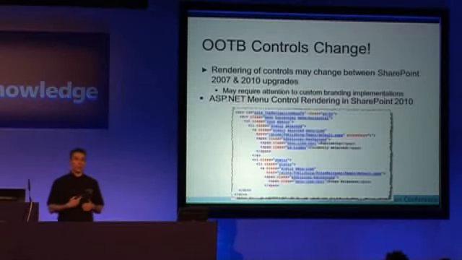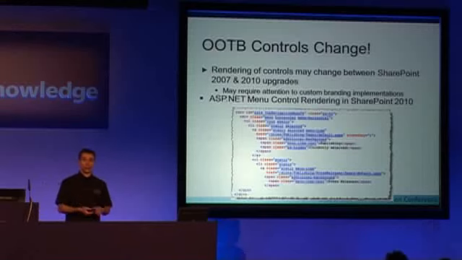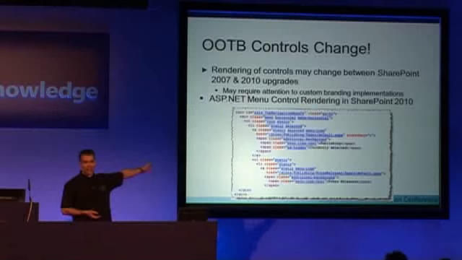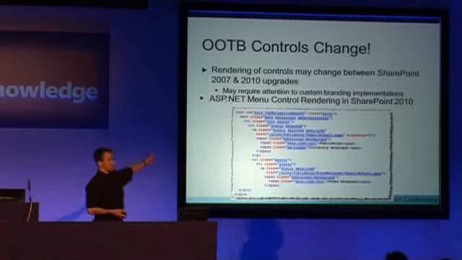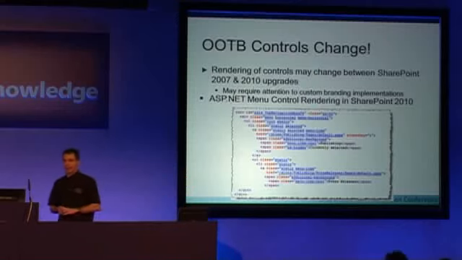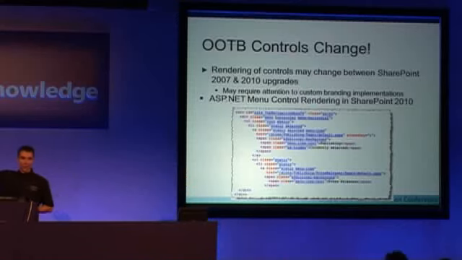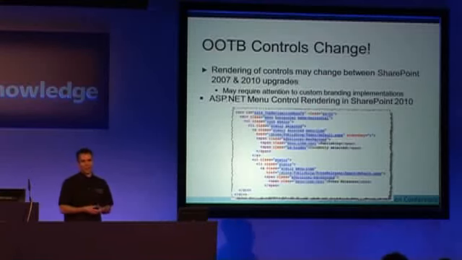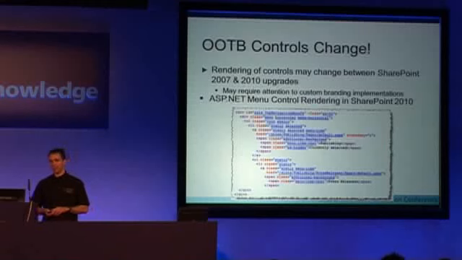Now, most people that are building 2007 WCM sites wrote their own navigation control because they needed to get that output. This output is something that will work very well in a screen reader. It's much cleaner. And now it's good news that we've got that out of the box. So this is one of many things that developers don't have to spend time on when building 2010 WCM sites.